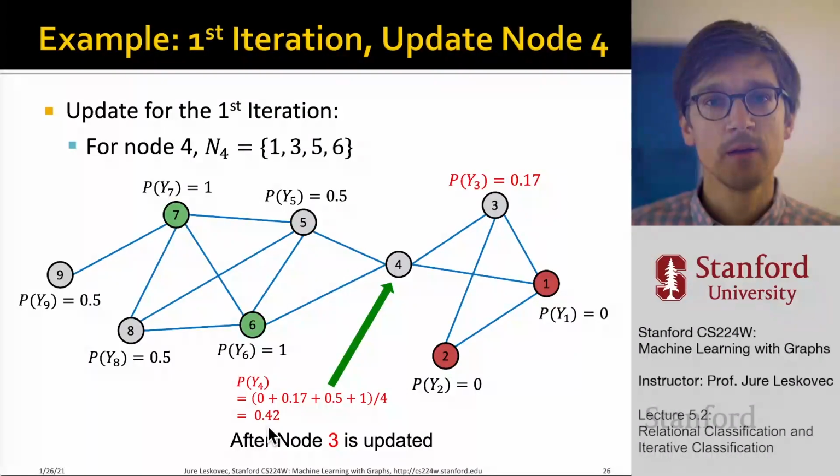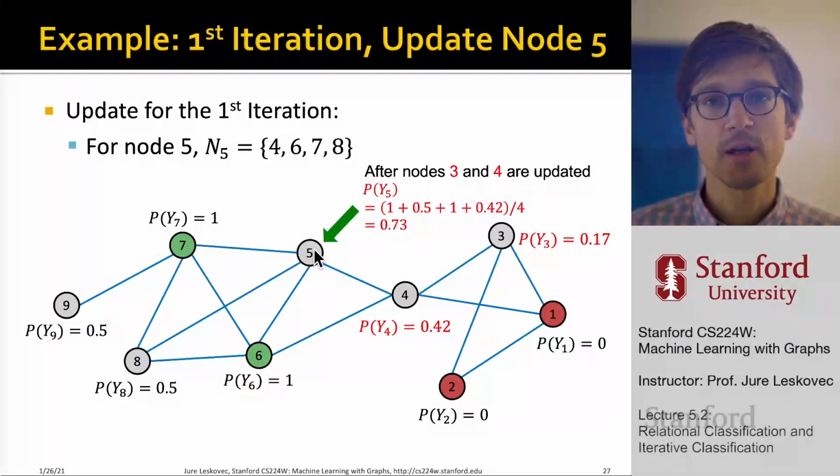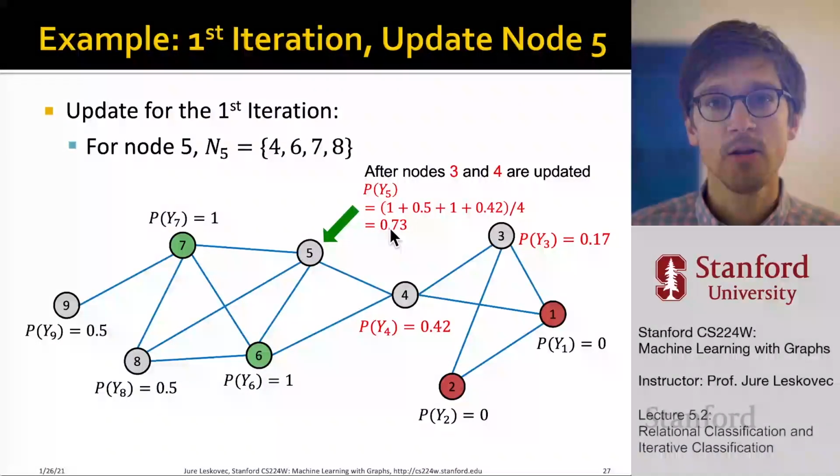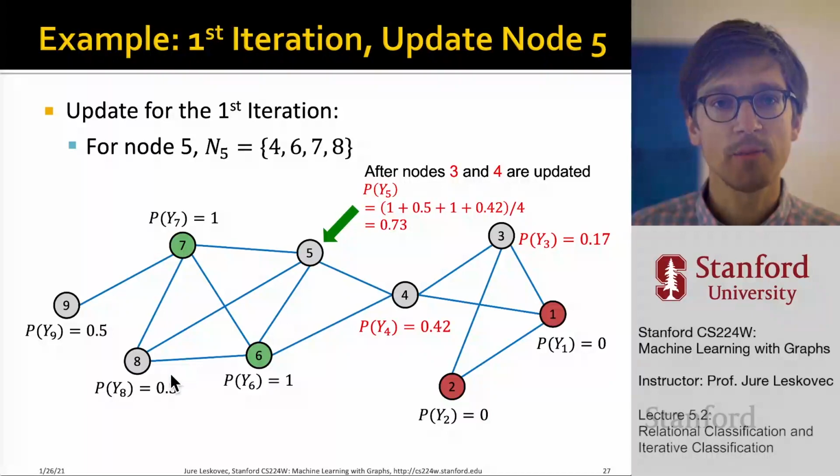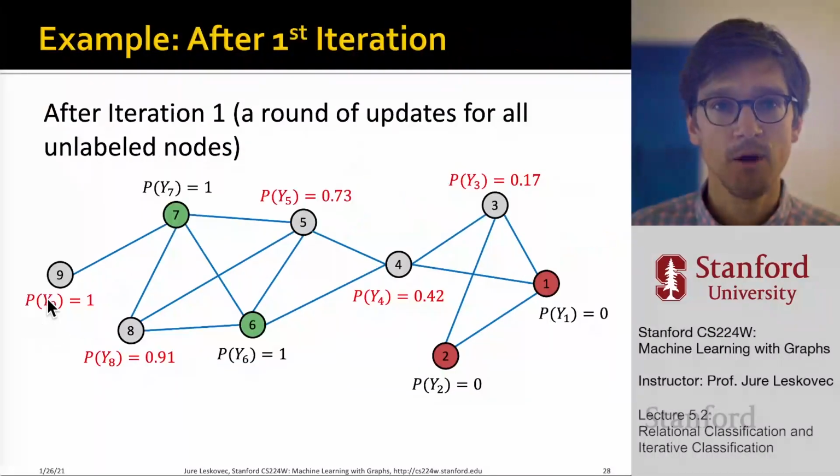Now that node 4 has updated its label, node 5 is going to update its label, again summing over its neighbors, and it will come up with a belief that its probability of being green is 0.73. Then node 8 is going to update its label, and node 9 is going to update its label.